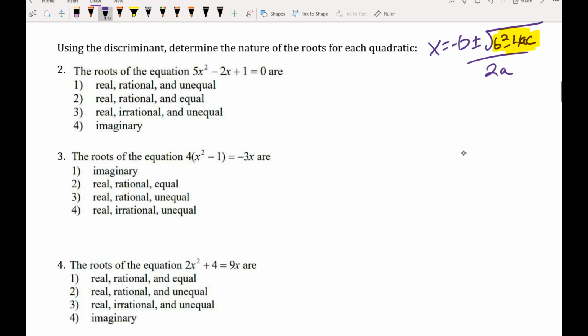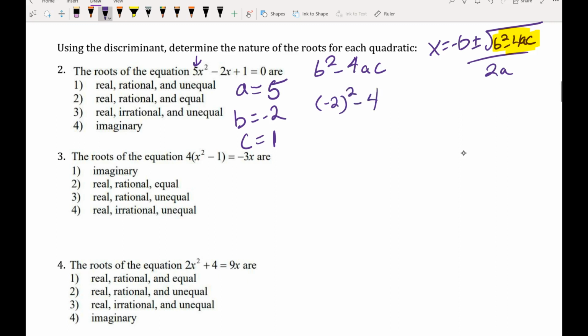So let's start. For my first one, my a is going to be 5. My b is going to be negative 2. And my c is going to be positive 1. So when I plug into the formula for the discriminant, b squared minus 4ac, I get negative 2 squared minus 4 times 5 times 1.